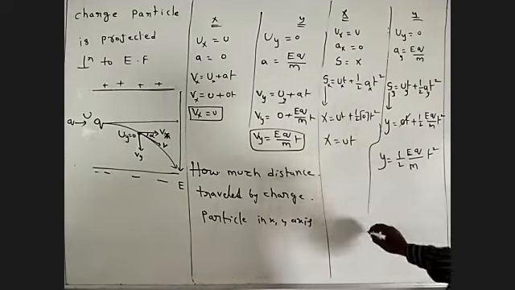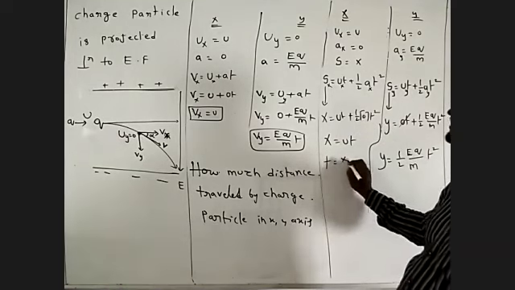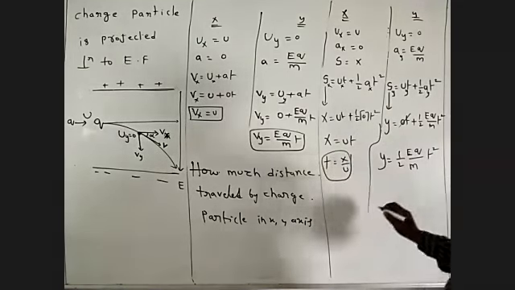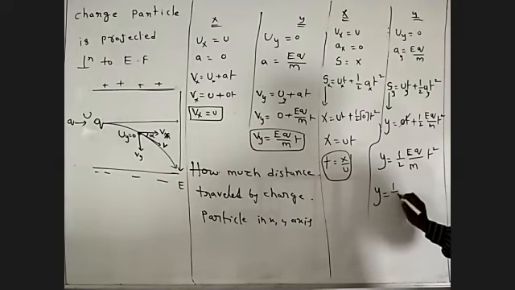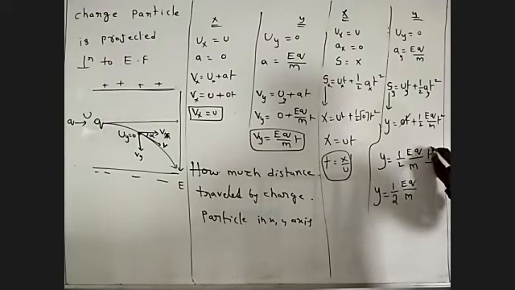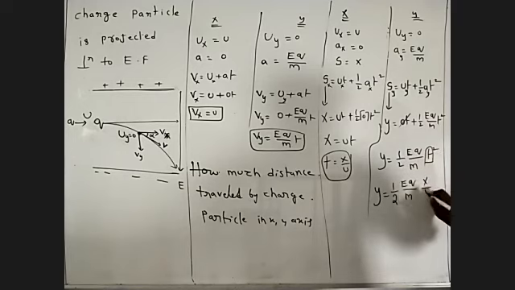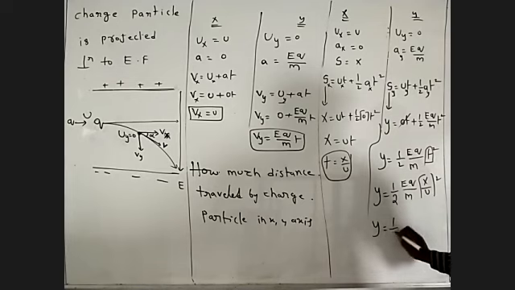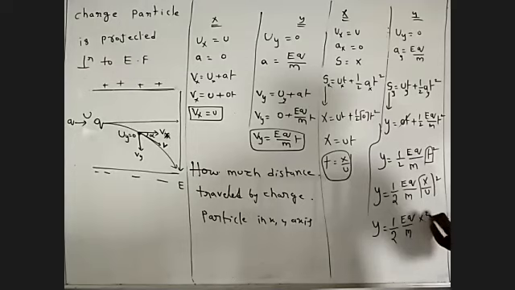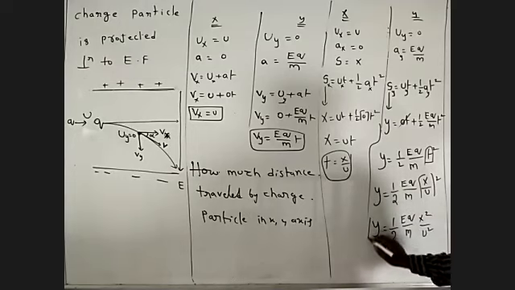Now in this equation, t is equal to x by u. So y is equal to 1 by 2 Eq by m, times x by u whole square. Y is equal to 1 by 2 Eq by m, x square by u square.